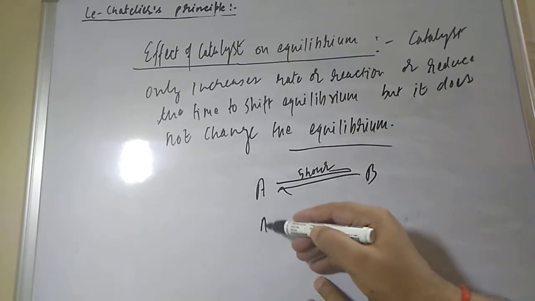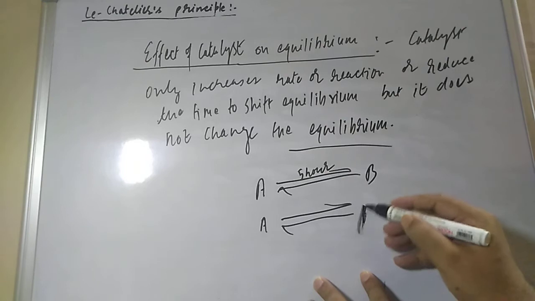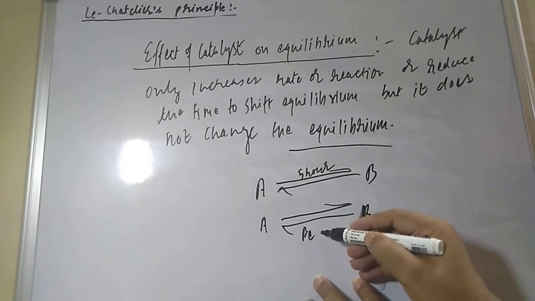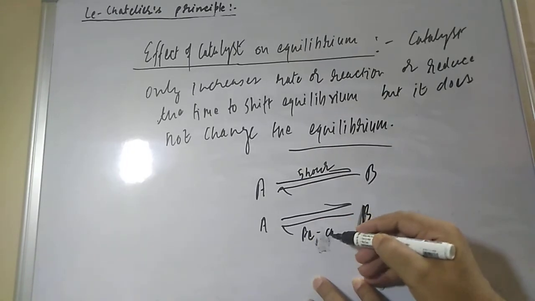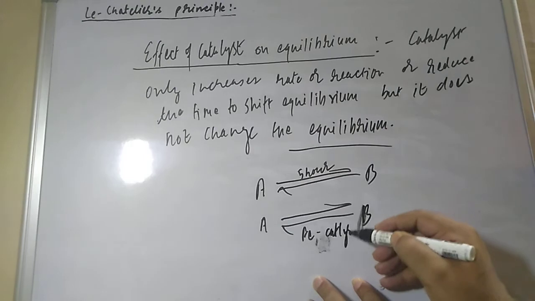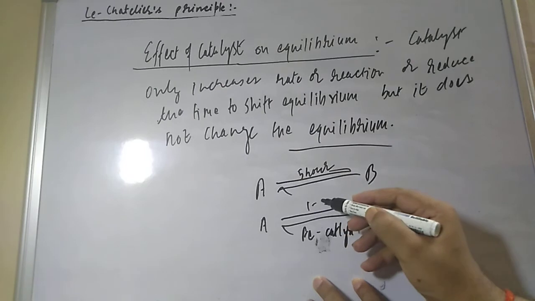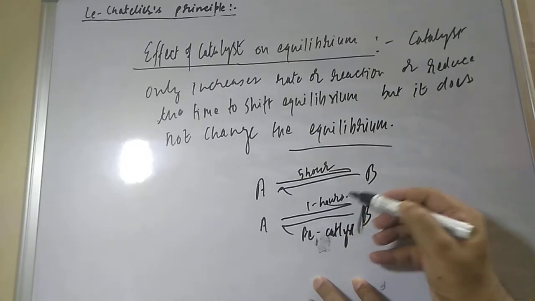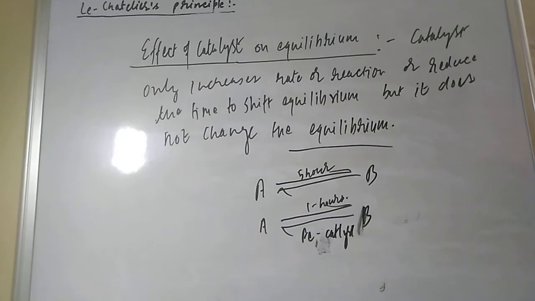If a catalyst such as Fe is there, the equilibrium will be achieved in 1 hour. So this is the case of the catalyst, student. The equilibrium is reached much faster, but as for the product side and reactant side, nothing is going to change, student.